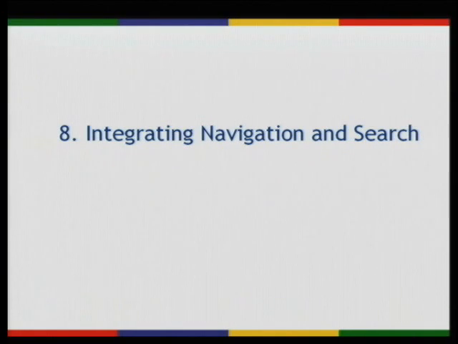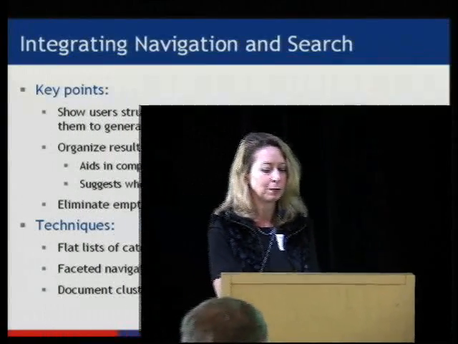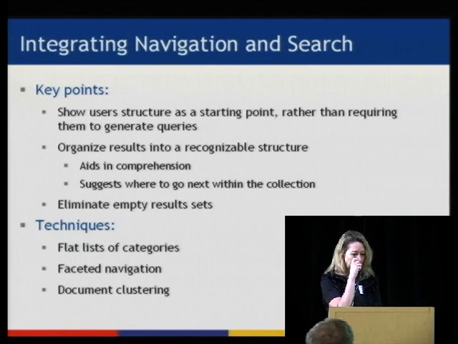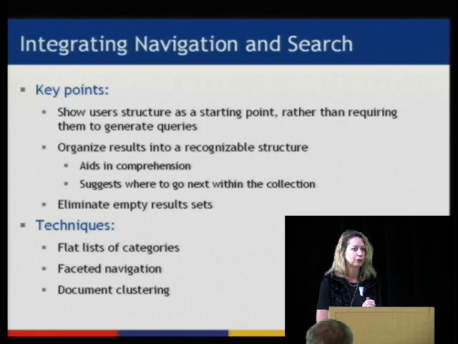Okay. I'm not going to talk a lot about integrating navigation and search, except that it is a favorite topic of mine, since the Flamenco approach to faceted navigation is what we've been promoting for the last 10 years. But just a few key points: showing users structure as a starting point, rather than requiring them to generate queries, takes advantage of the recognition over recall idea. And this is most appropriate for website search or collection search.